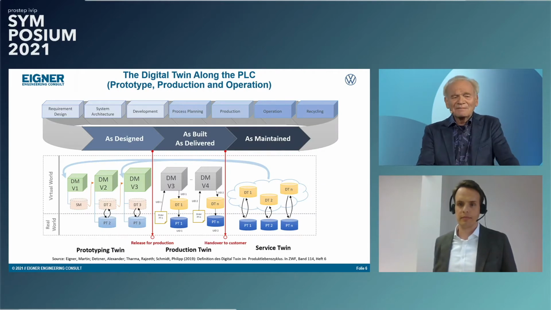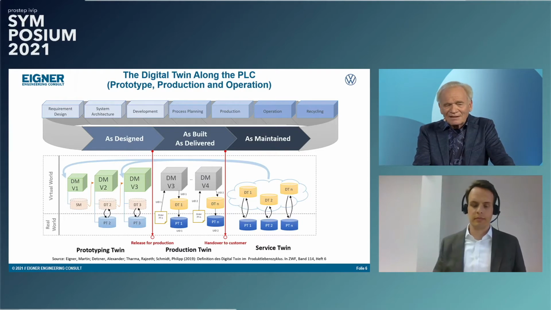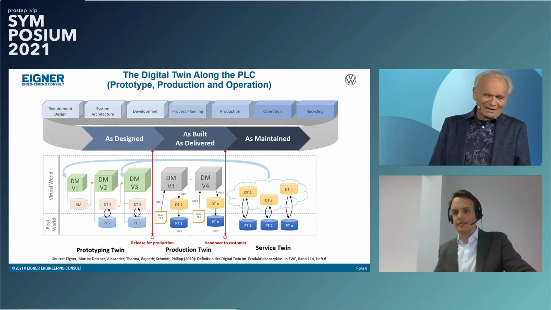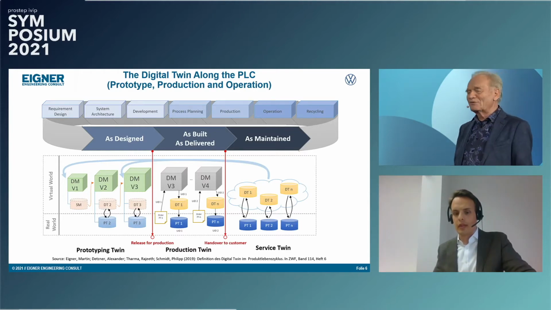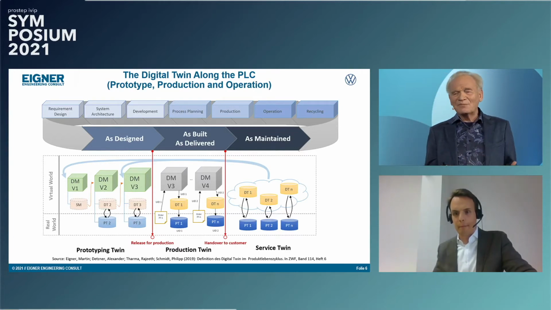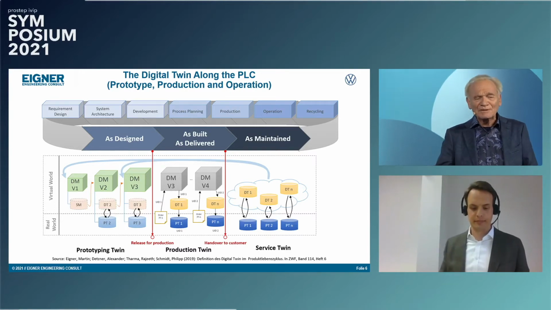Next statement. The digital twin has different types of behavior. We are starting in the early development with the simulation twin. And at this time we even have no prototype, we have no physical twin. So we start with the simulation twin.